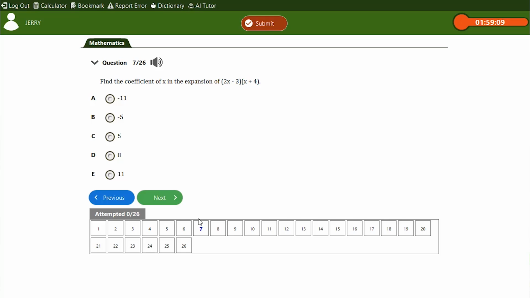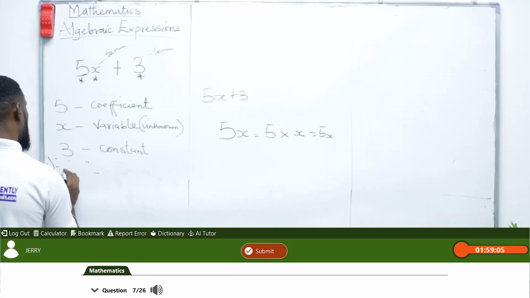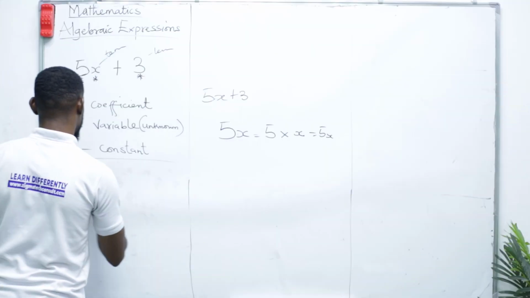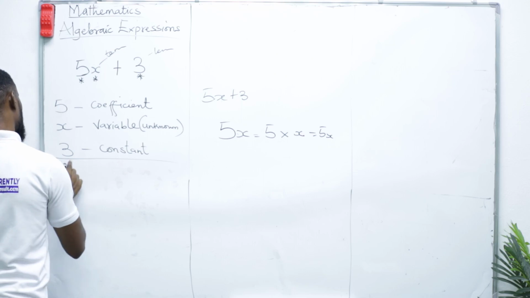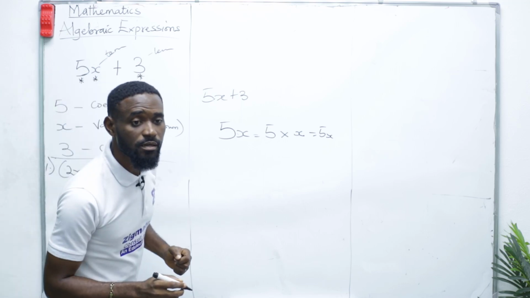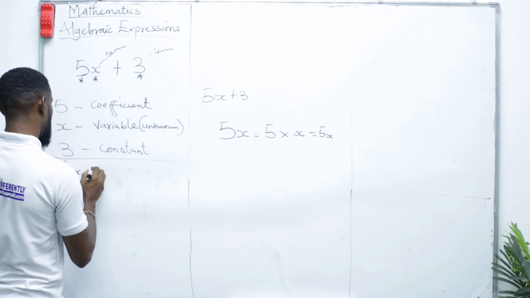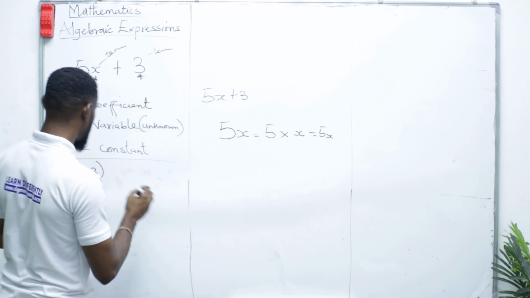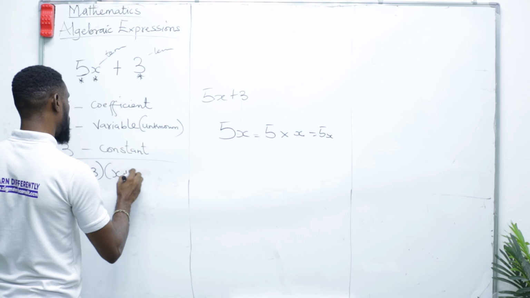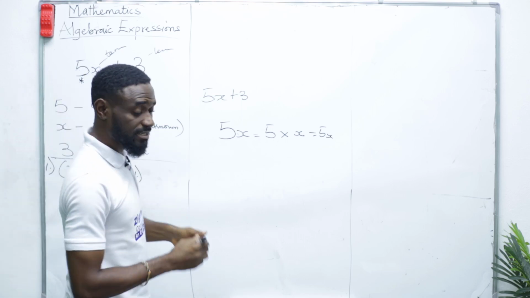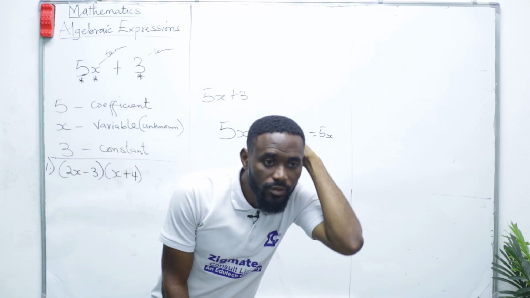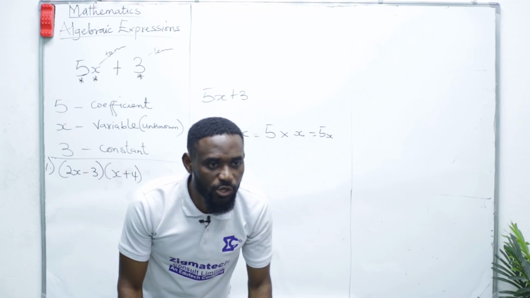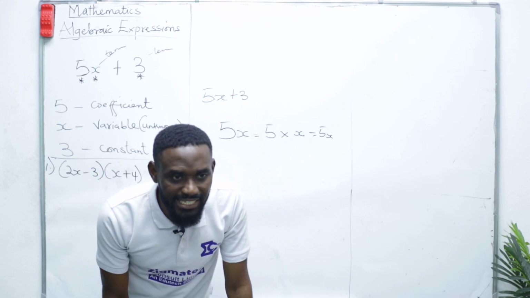The expression is open bracket 2x minus 3, close the bracket, then open bracket x plus 4. That is the question. So they said we should find the coefficient of x in this expression.